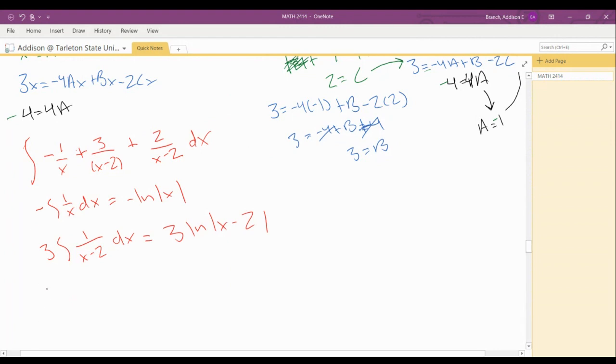And then, of course, we have our 2, pull out our 2. 1 over, oh wait, this one's squared. This one's squared.